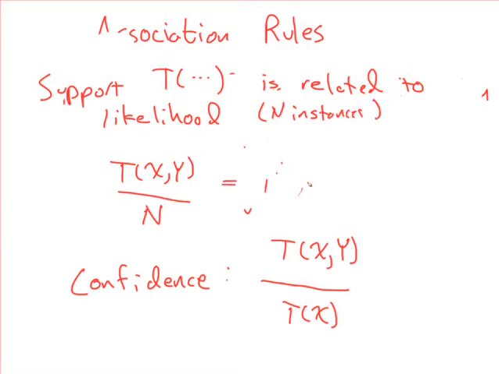What that is, is an estimate for a probability, the probability that both x and y are true. So the support divided by the number of instances is related to a probability.